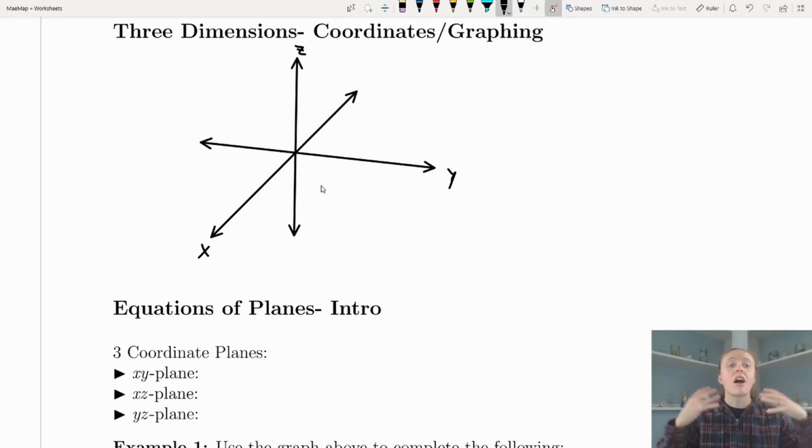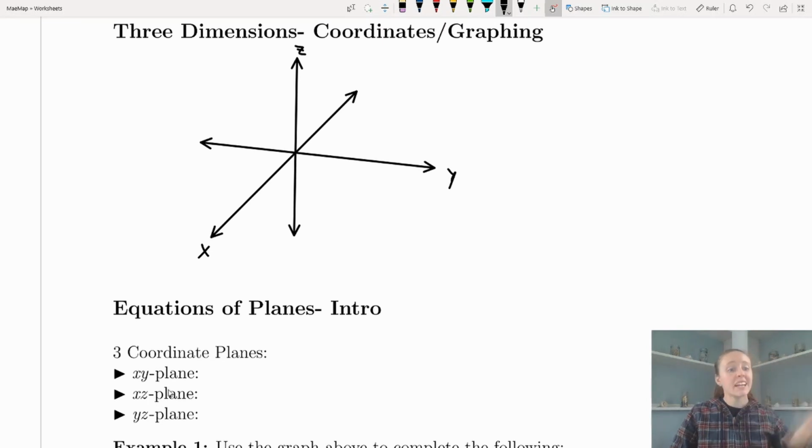Now we have octants, where that first octant is positive X, positive Y, and positive Z. So if you can envision splitting up this shape into 8 different pieces. And we can see those different octants divided and created by the different coordinate planes. And those 3 coordinate planes are the XY plane, the XZ plane, and the YZ plane.